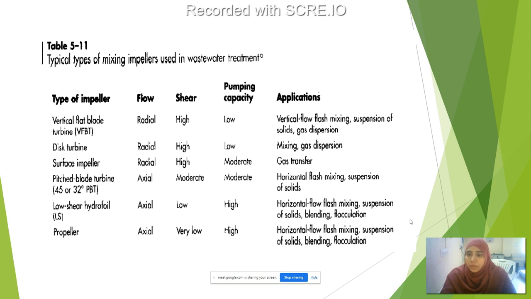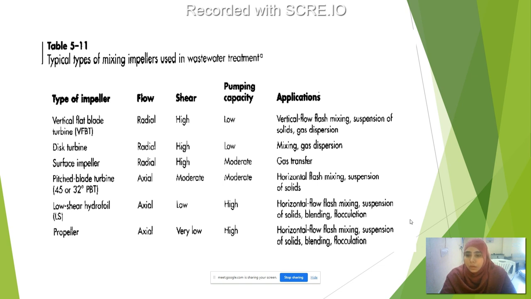Here you can see vertical flat blade turbines used as a turbine, radial flow, and its shear is high and pumping capacity is very low, and application is flash mixing and suspension of solids and gas dispersions.